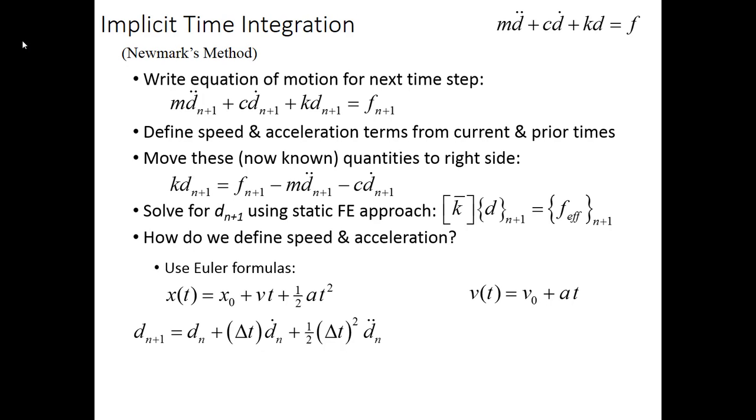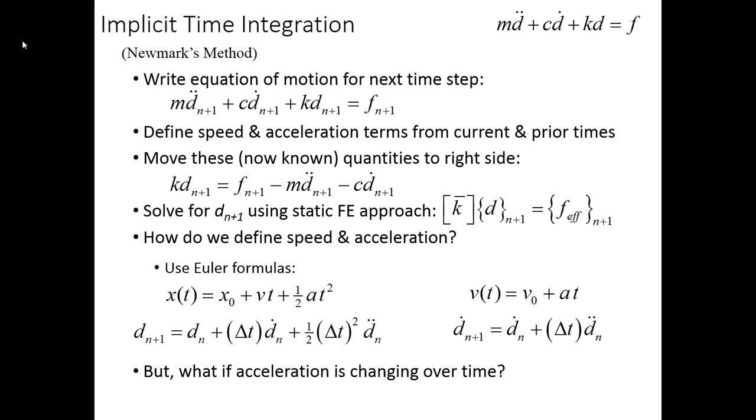So if we write these in the terminology I'm using here with degrees of freedom, d n+1, the displacement at my n+1 time, is equal to d n, my displacement right now, plus delta t times d n dot, the speed at my current time, plus 1/2 delta t squared times d n double dot, my acceleration at my current time. Similarly, we have an equation like that for the speed. But this assumes that acceleration is constant, or at least that your time step is small enough that it doesn't matter. But that won't necessarily be the case.